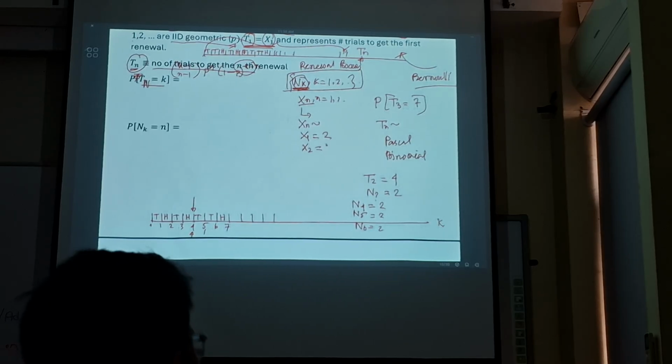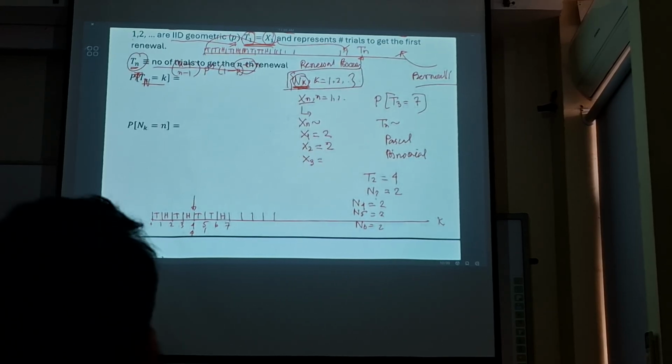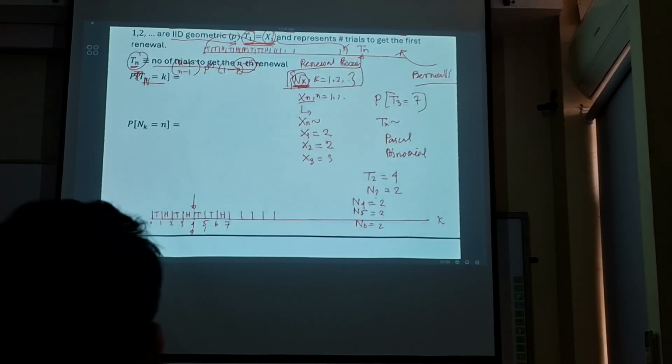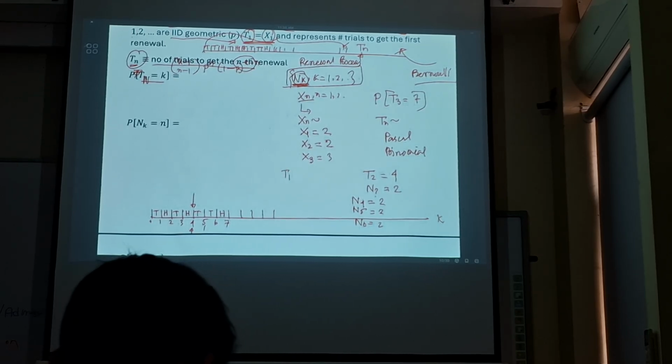So X2 is 2, X3 is 3, right? Now we have another variable. What is that? T1.